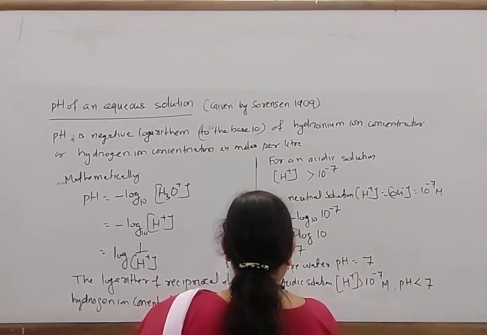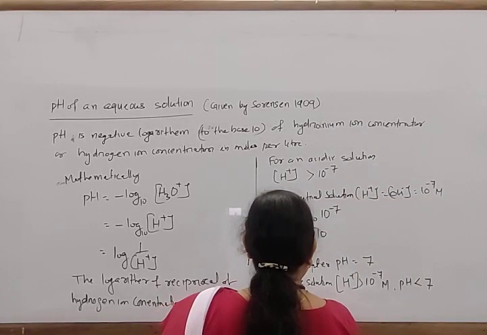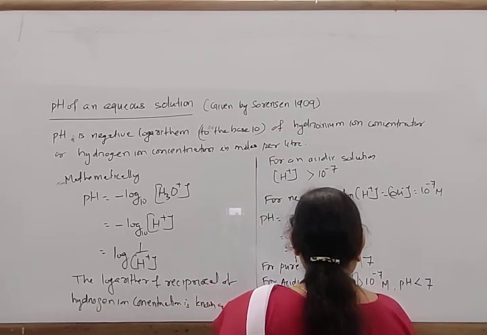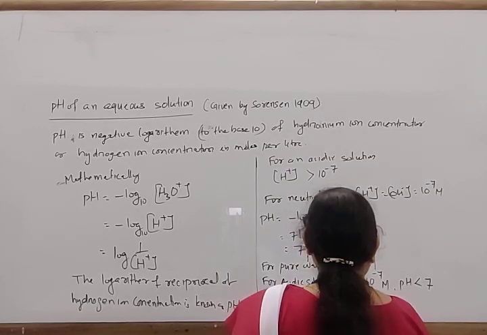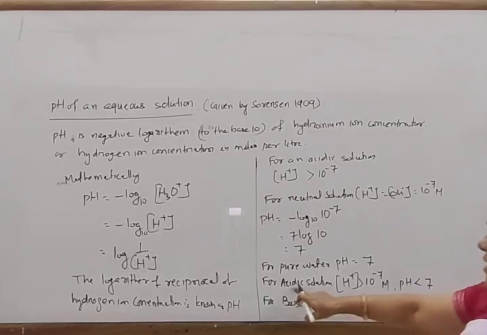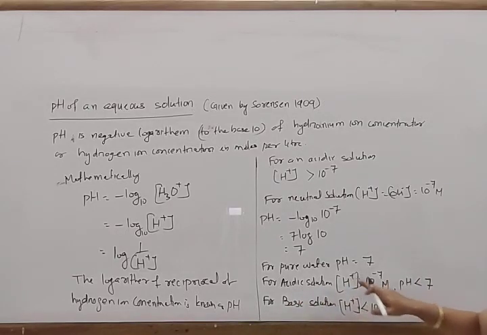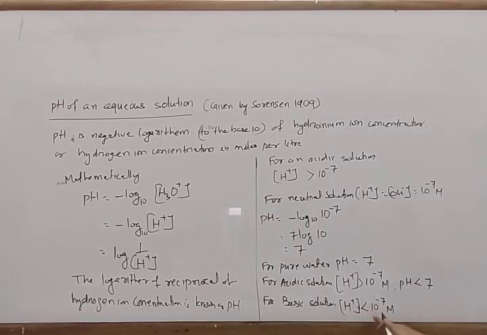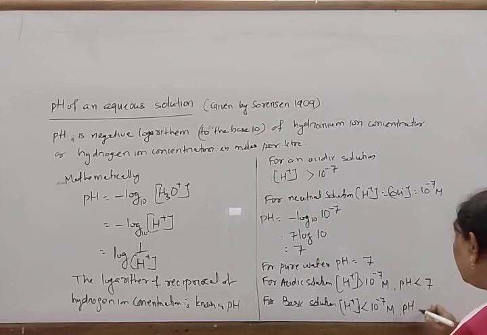Similarly, for a basic solution, the H+ ion concentration is less than 10 to the power minus 7 M, hence pH is greater than 7.